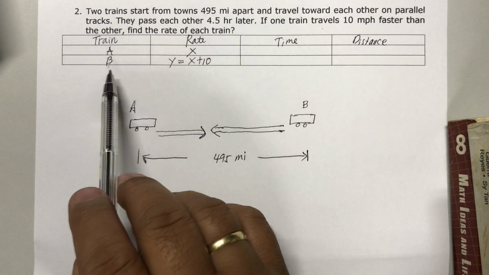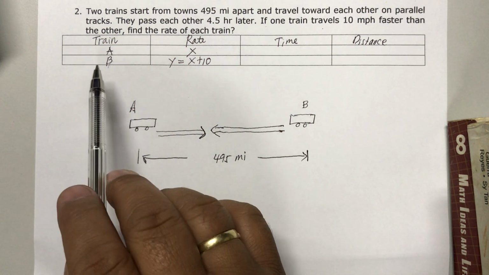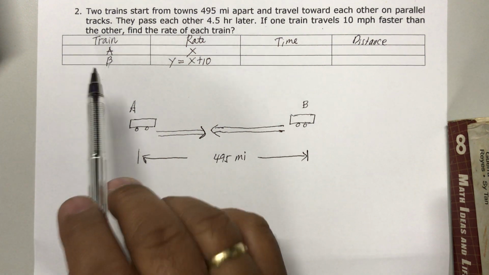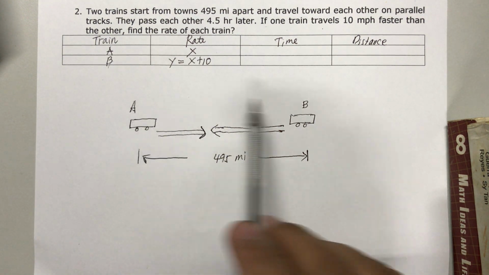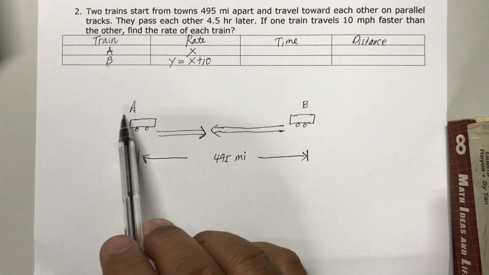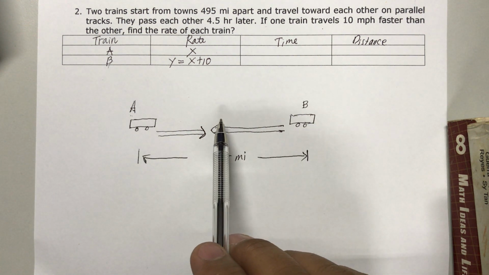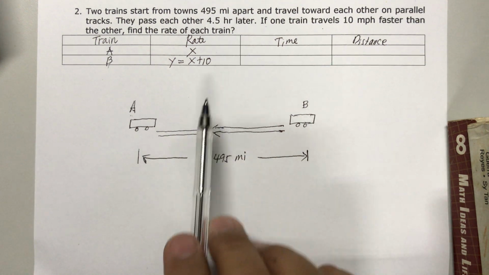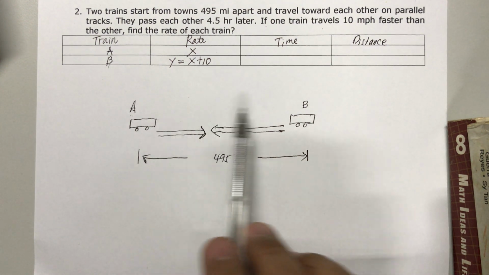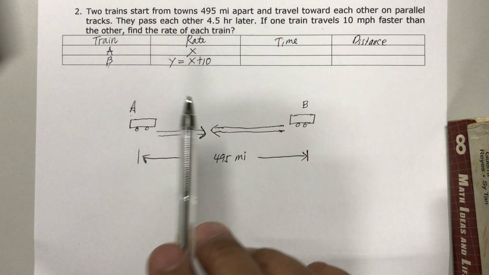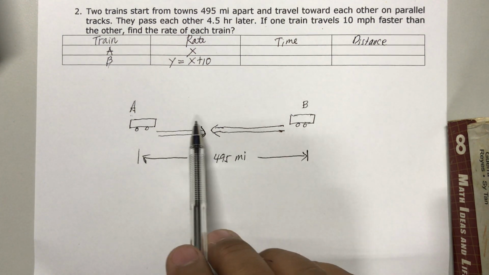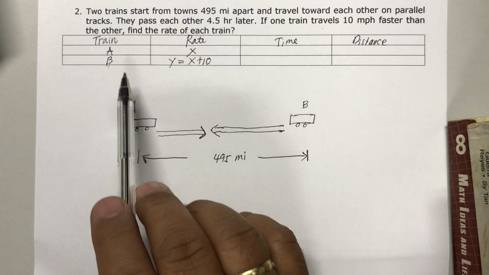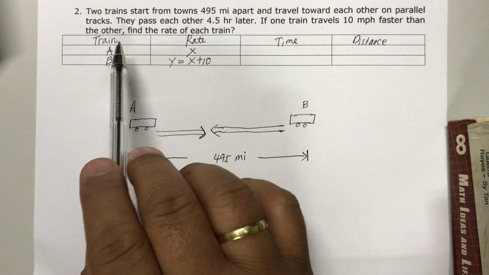Take note that train B travels 10 miles per hour faster than train A. Dili bot pasabot nga nagdungan sila og gikan sa ilaang towns A ug B nga after by the time they pass each other, they have covered equal distances. No. Dili ina na ang logic. So nagi usa nga mas paspas kaysa sa other train.